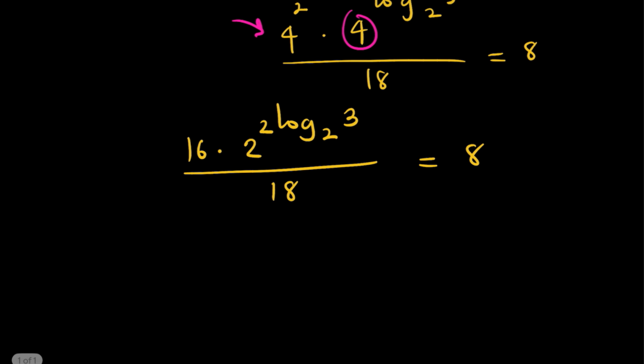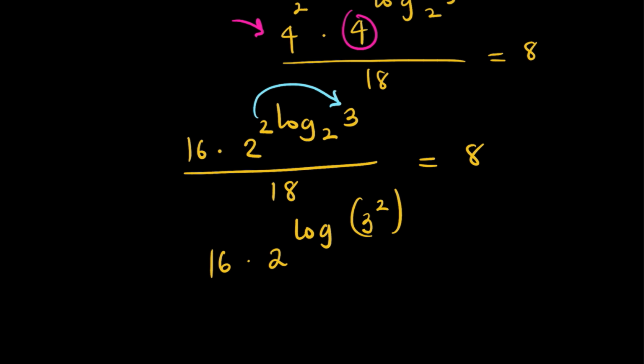I'm going to move this 2 here. By law of logarithm, I'm allowed to do that. So we have 16 times 2 raised to power log, this will now be 3 raised to power 2, then base 2 divided by 18 is equal to 8.